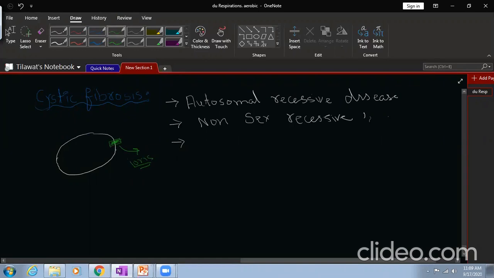So normally the gene that codes for this channel is actually the transmembrane regulator protein. This is a protein actually, right? Transmembrane regulator. The gene that codes for this protein is normally dominant and present on chromosome number 7. Chromosome 7. The normal gene is what? Dominant.